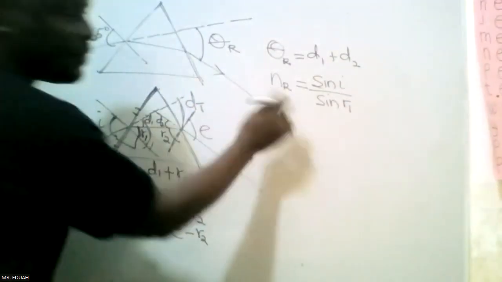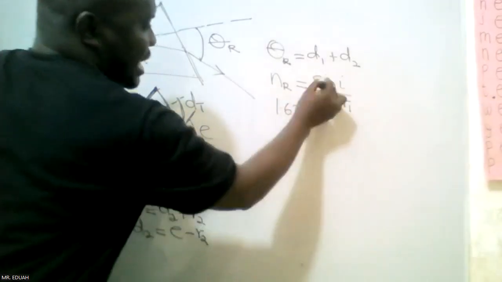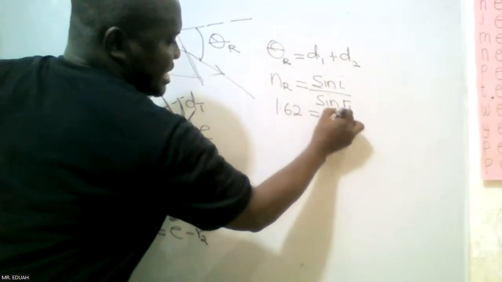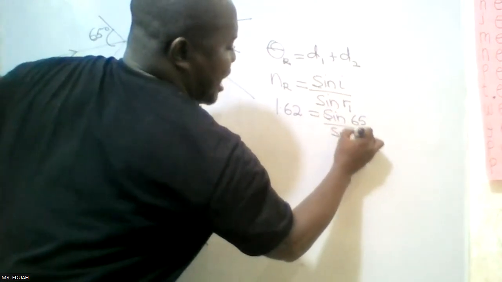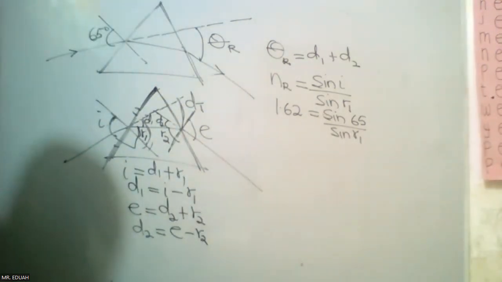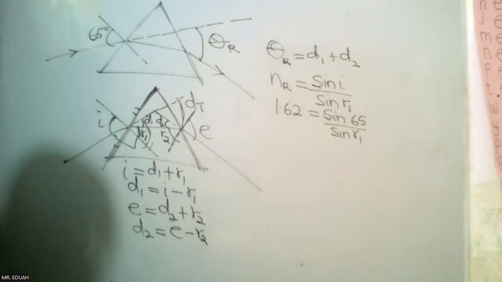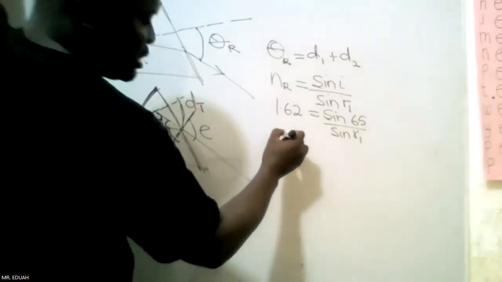Because we have 1.62, and I is 65, we can find sine of R1. Quickly find that for me. So the answer is 34.01.